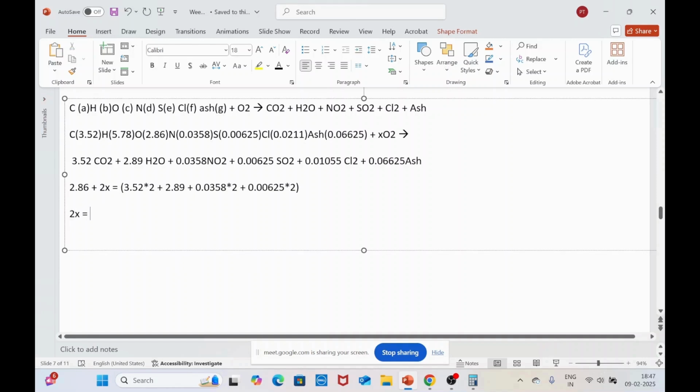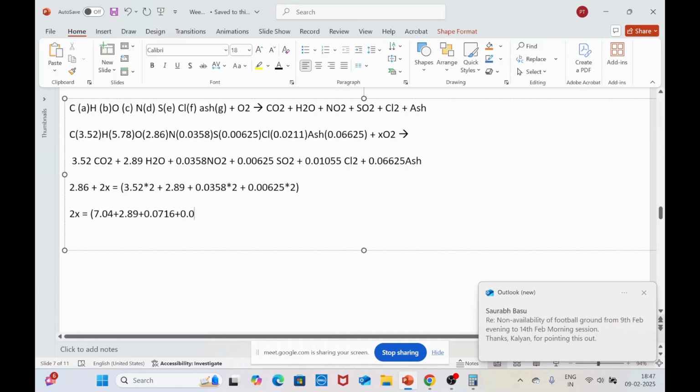So let's calculate this quickly. This will be 7.04 plus 2.89 plus around 0.0716 plus 0.01250.